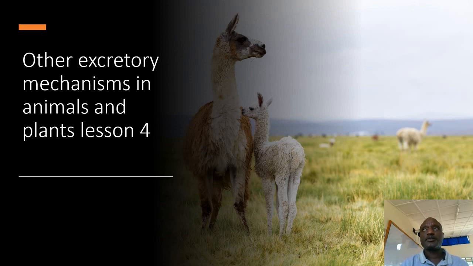I hope you have heard the whole explanation about kidney dialysis and kidney transplants, which was our lesson 3. So now we are moving to the next page. Here we are going to discuss other excretory mechanisms in animals and plants as lesson 4.